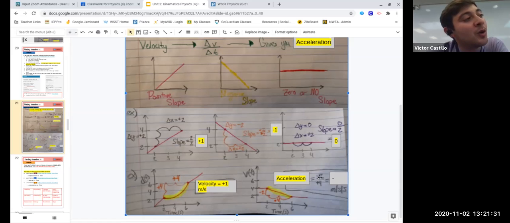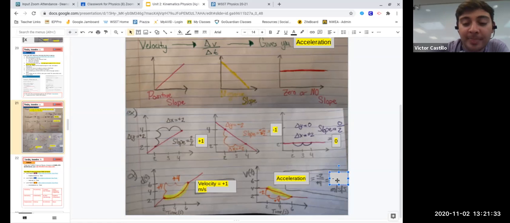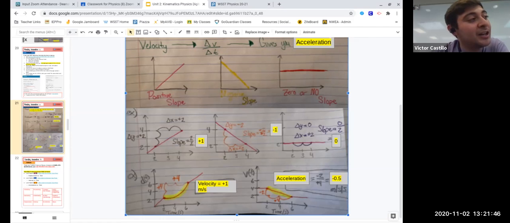So what's -2 divided by +4? It is -0.5 meters per second per second. So my slope is negative. That means my acceleration is negative, I'm actually slowing down.